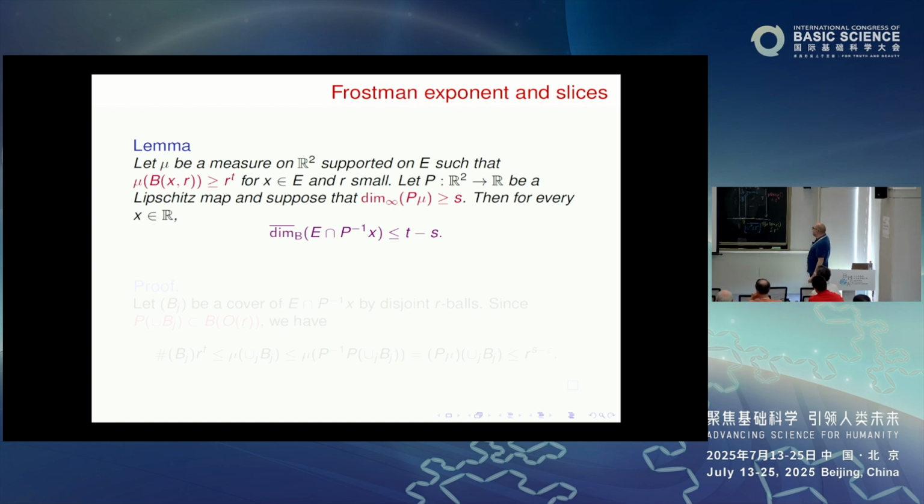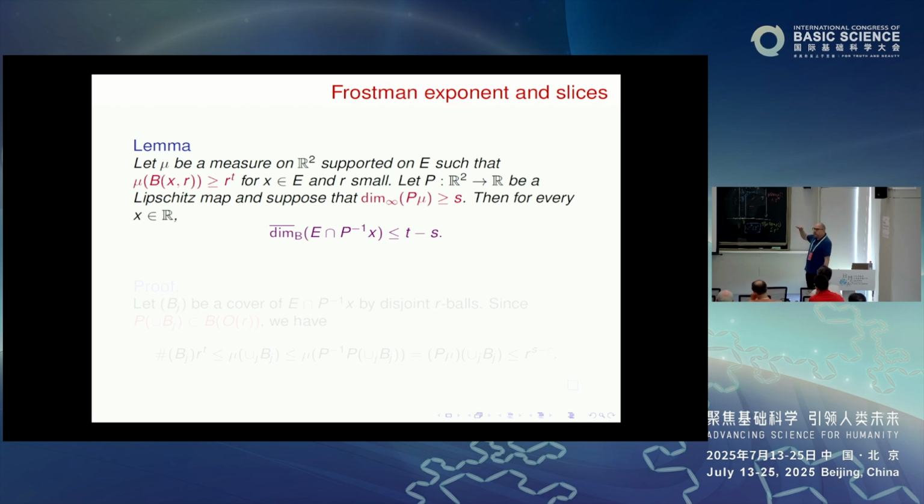And suppose that upstairs you have a measure, and for the measure upstairs you have a lower bound on the measure of balls. And then you project the measure, and for the projected measure you have an upper bound on the measure of balls. So you have a lower bound, an upper bound, I guess, on the Frostman exponent. But anyway, you have a Frostman exponent for the projected measure.